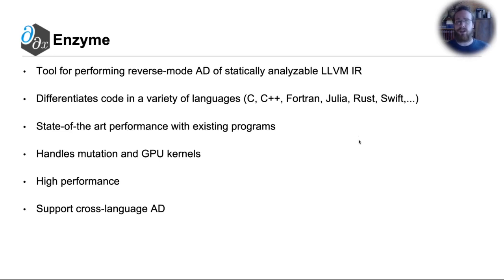Depending on the complexity of the language, you will have to add language-specific knowledge to it. It has state-of-the-art performance with existing programs, so no need to change the code. It can handle mutation and GPU code. And it supports cross-language AD. So in theory, you can start in Julia and end up in Fortran while visiting C.